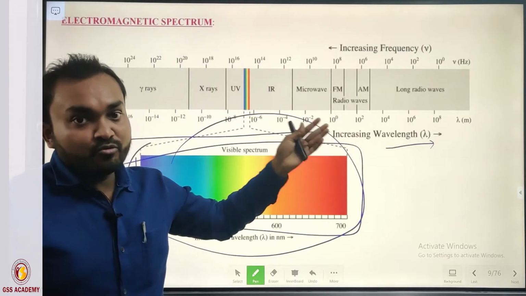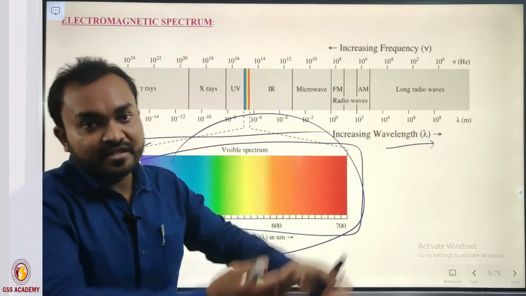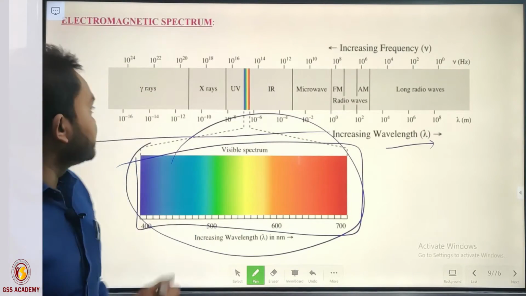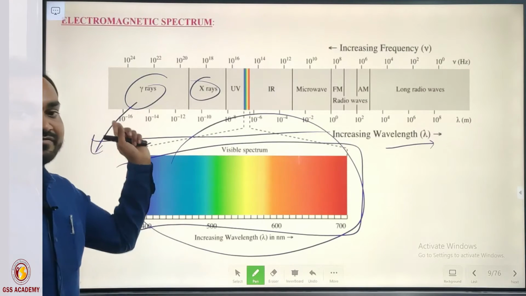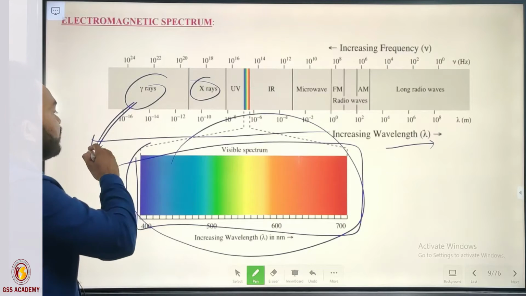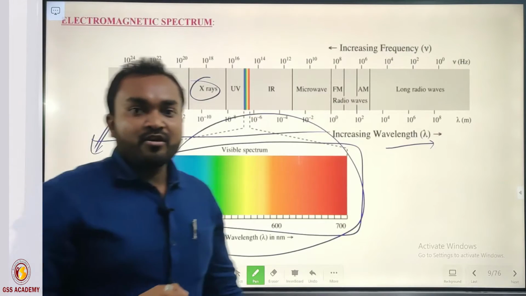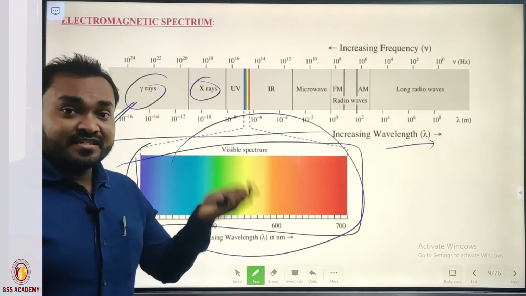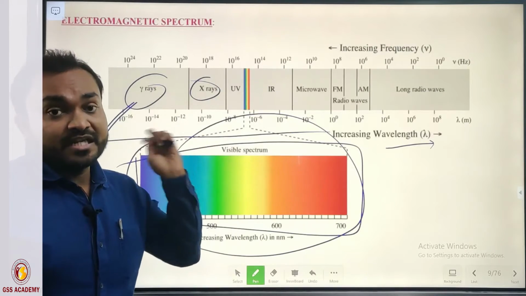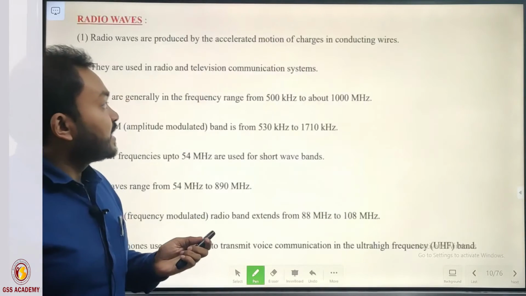We basically work on radio waves, and gamma rays and X-rays, in that frequency range we work in the well logging part. So this is the electromagnetic spectrum.